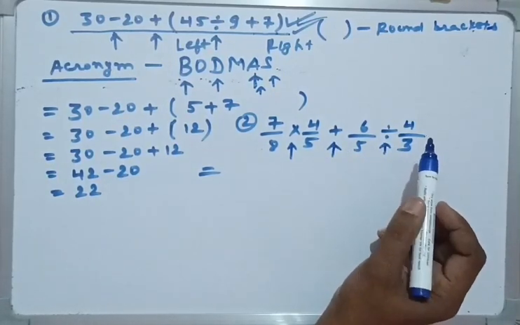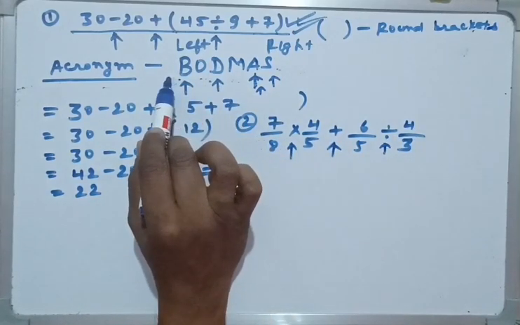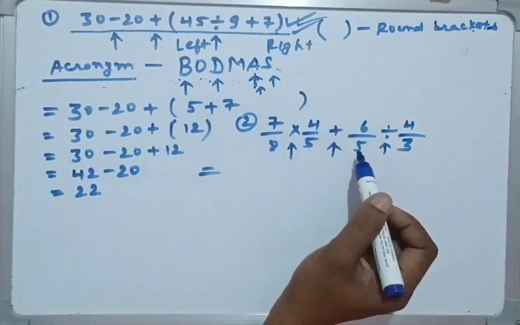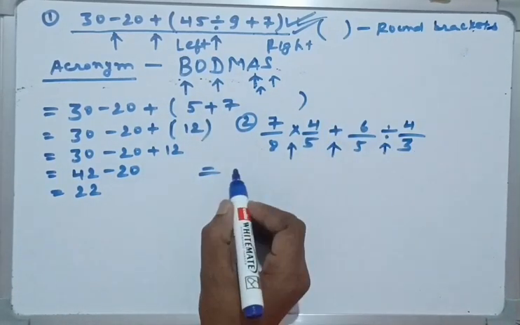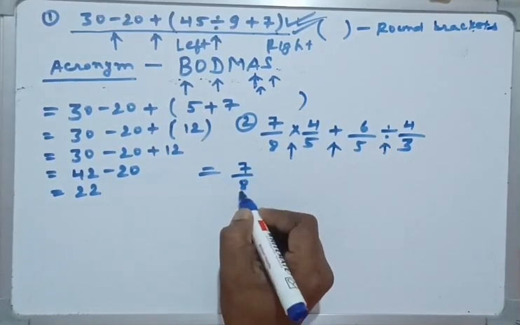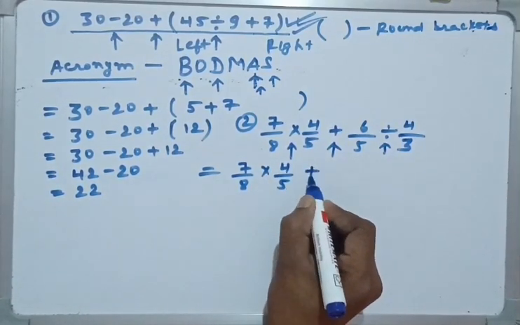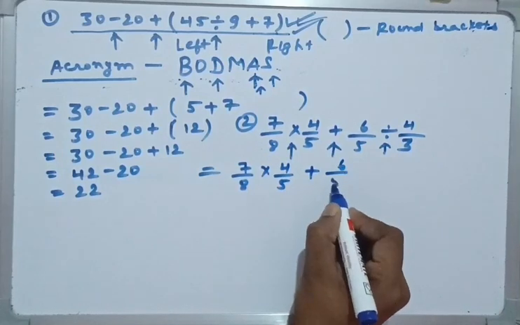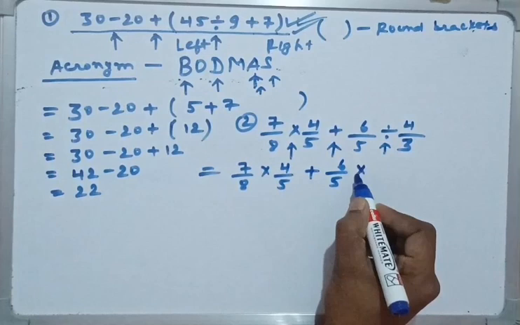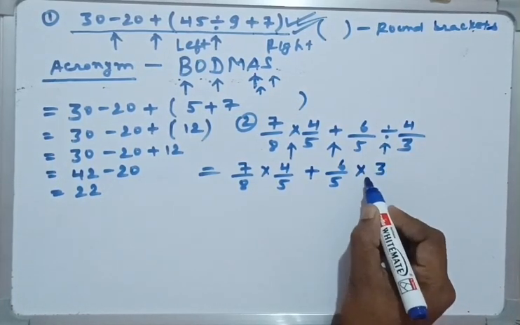Okay guys, so which will come first in BODMAS when you are moving from left to right? D. D stands for division. So we first operate division. Again we write here 7 by 8 multiplied by 4 by 5, then make an addition sign, then 6 by 5, or this division can be replaced by a multiplication sign, and this becomes 3 by 4.